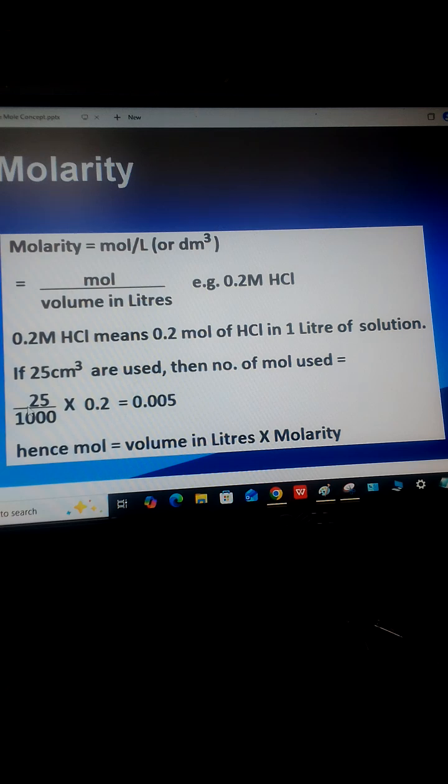So the volume in liters multiplied by the molarity, you will get the number of moles in this volume. Alright, therefore number of moles is equal to the volume in liters times molarity. This volume in liters times the molarity gives you the number of moles in 25 cubic centimeters of 0.2 M hydrochloric acid.